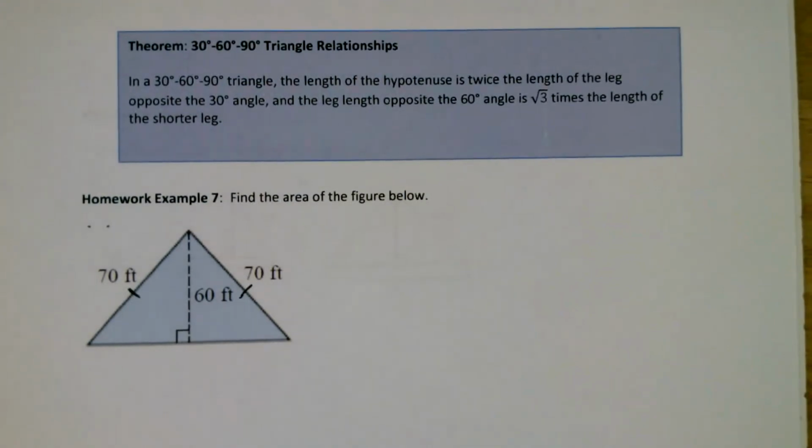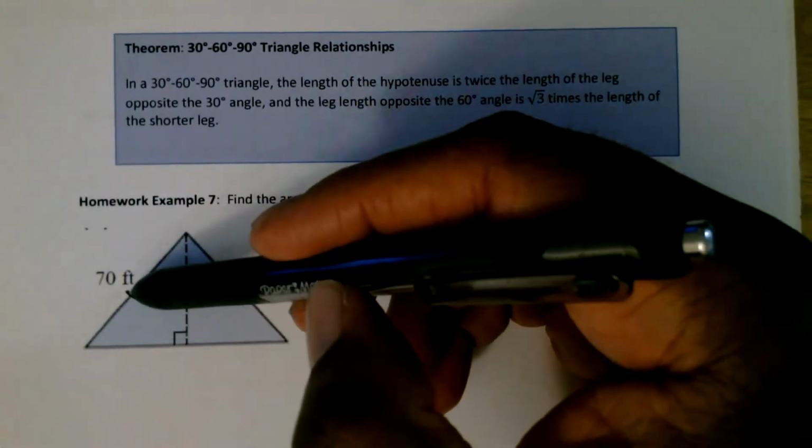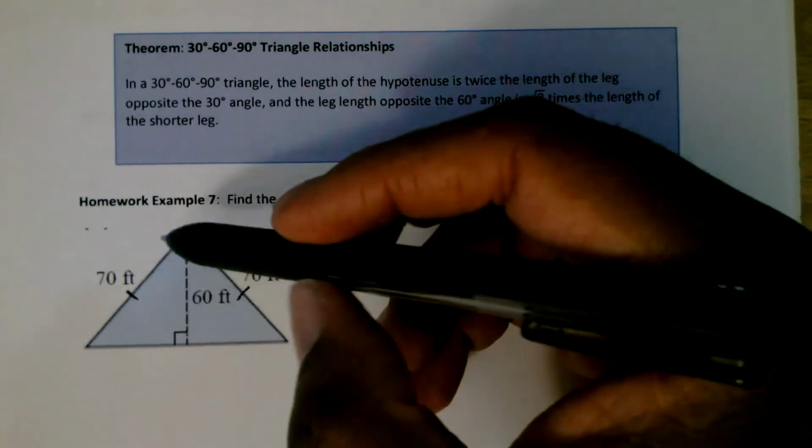Those sides are equal. Okay, those sides are going to be equal in measure. Or better yet, well, I thought I could use it that way, but I don't think I will.